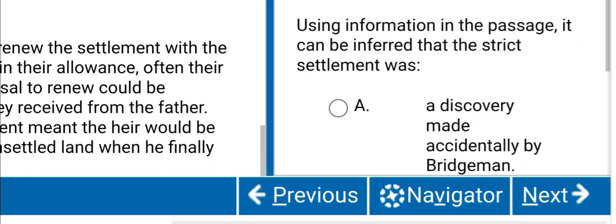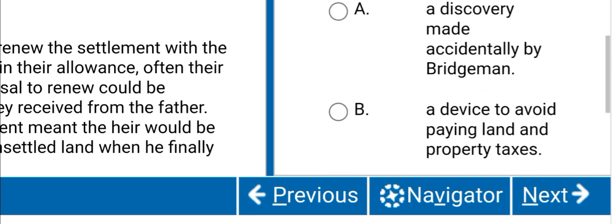Using information in the passage, it can be inferred that strict settlement was: option A, a discovery made accidentally by a bridgeman.